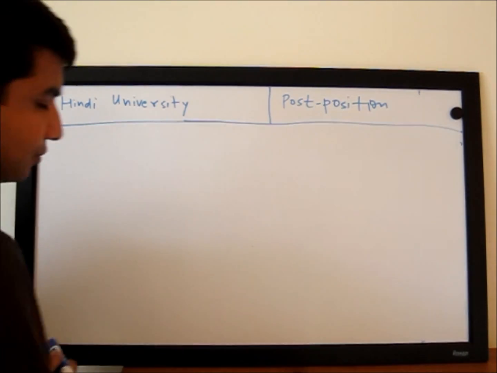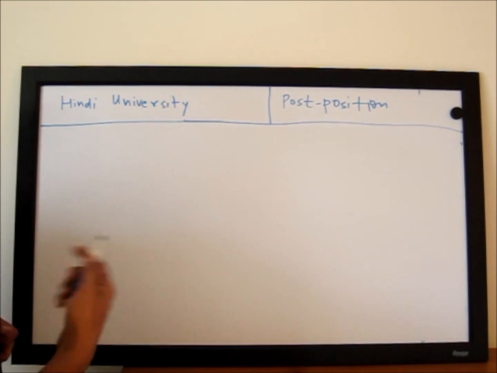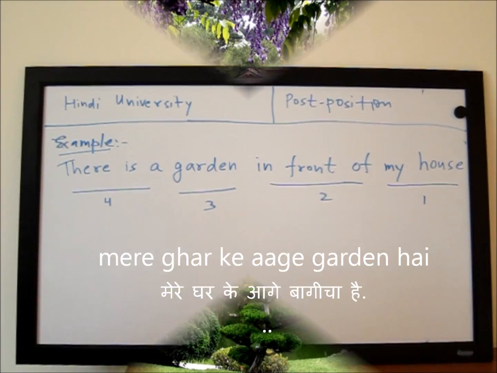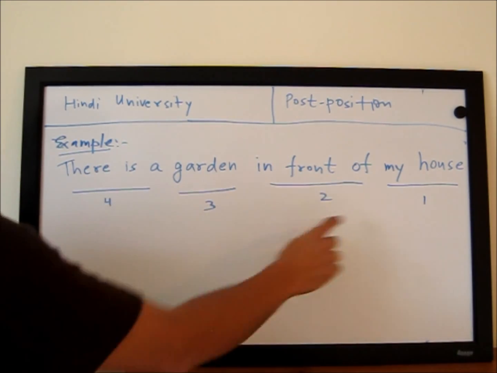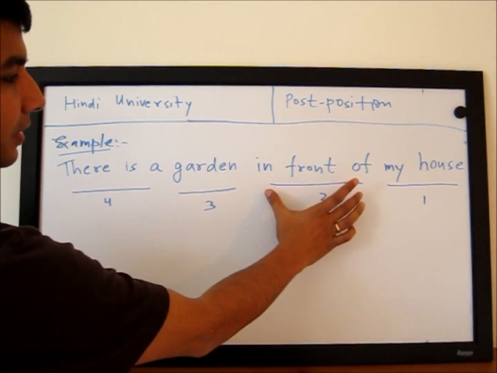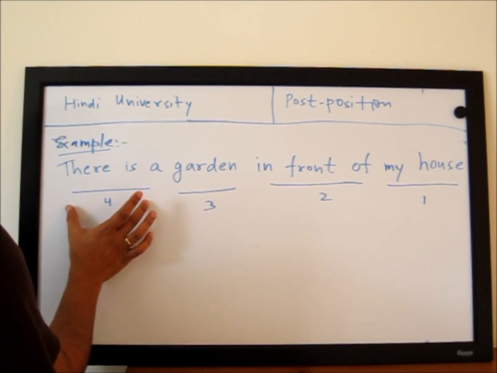Imagine that you have a house, and in front of your house there is a garden. So let's divide this into 4 pieces: my house, in front of, garden, and there is a.